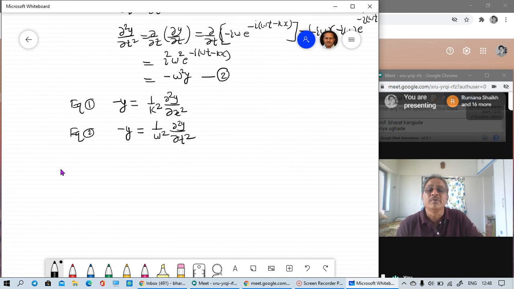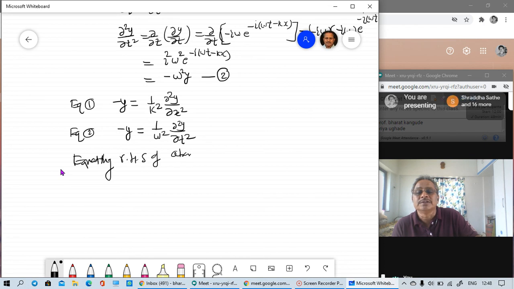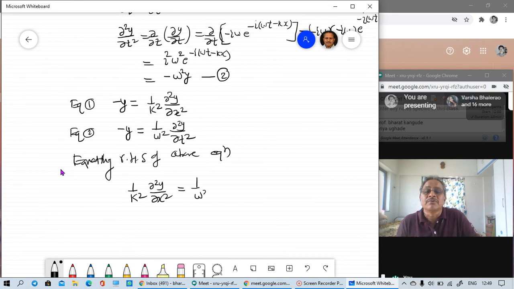So equating RHS of the above equations, I'll get 1 upon k square into ∂²y/∂x² is equal to 1 upon omega square into ∂²y/∂t², and here one can rearrange, this k square can be taken to the right hand side.